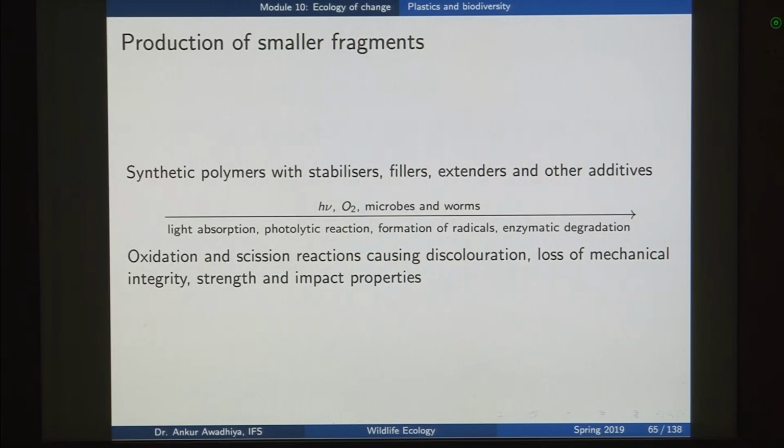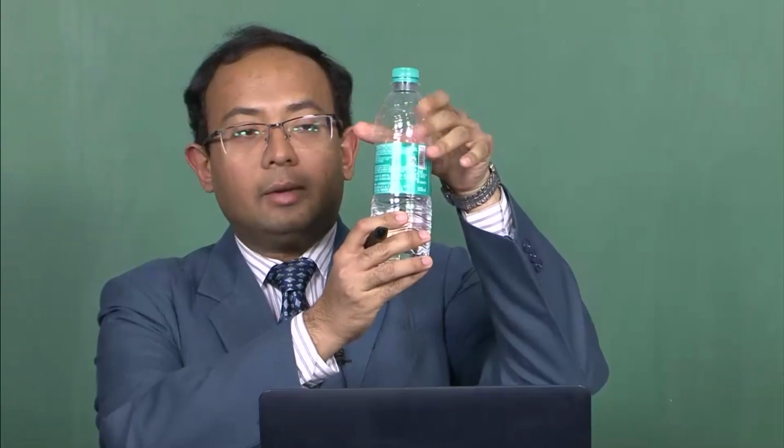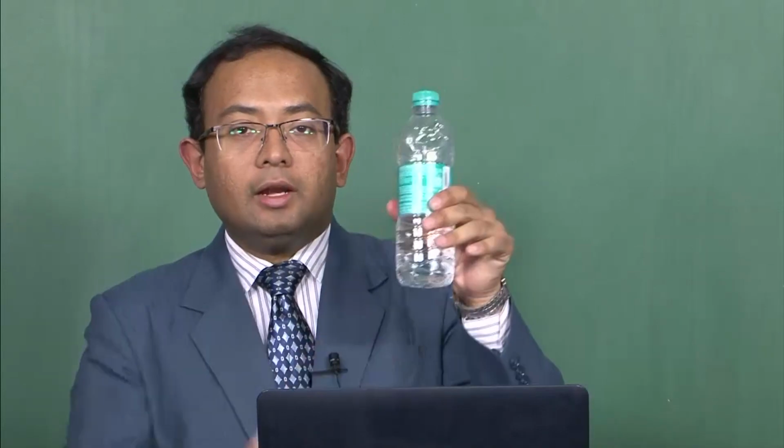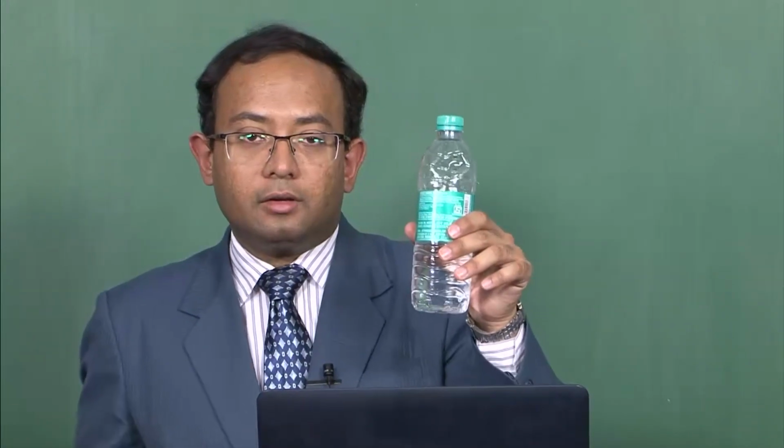So, essentially what we are saying here is that if you consider a plastic, suppose you are considering this plastic bottle, and if I press this plastic bottle, it will be able to come back to its original size because there is some amount of elasticity in this material. But then if I leave this plastic out there in the sun for some time, you will observe that this transparent plastic starts getting whitish in color.